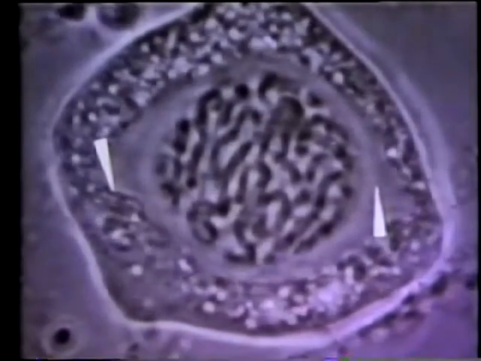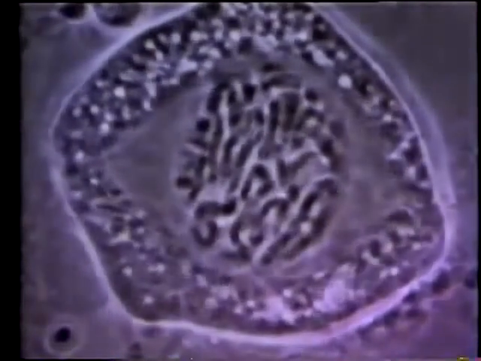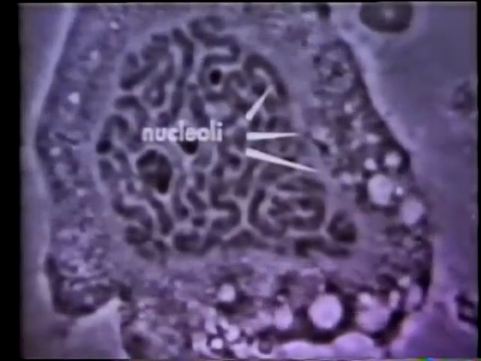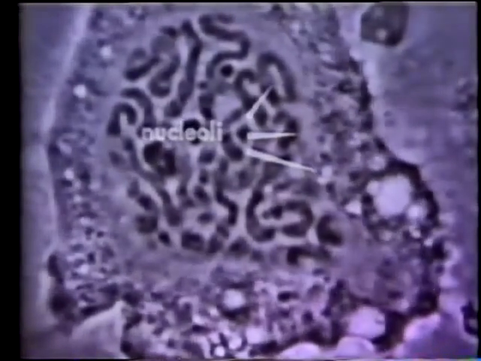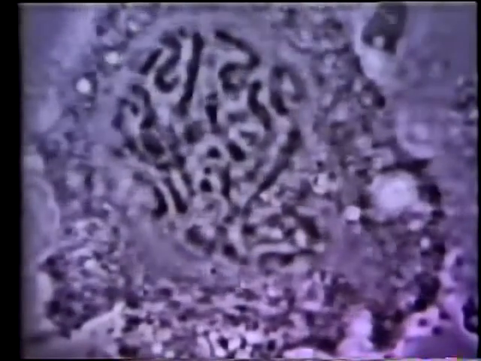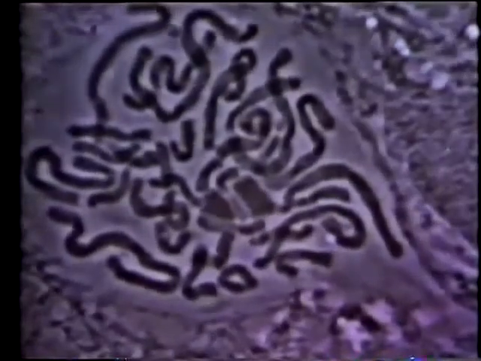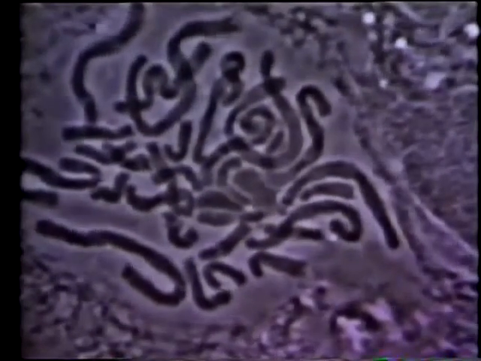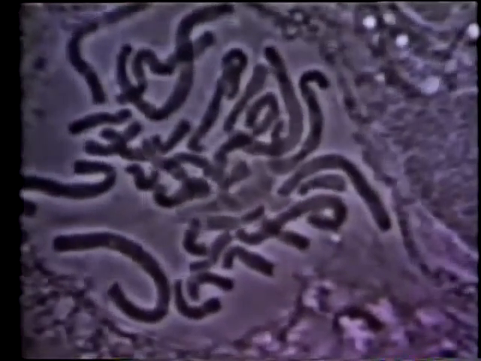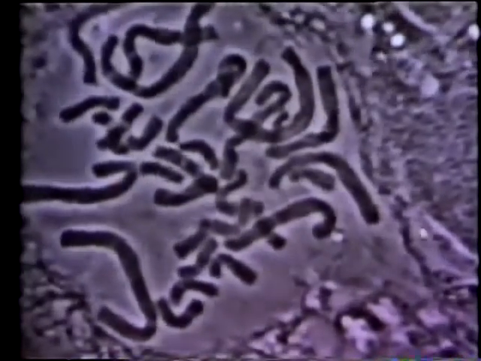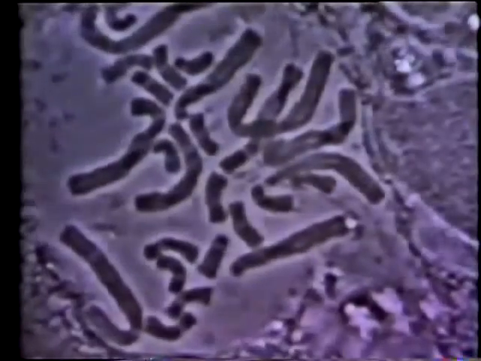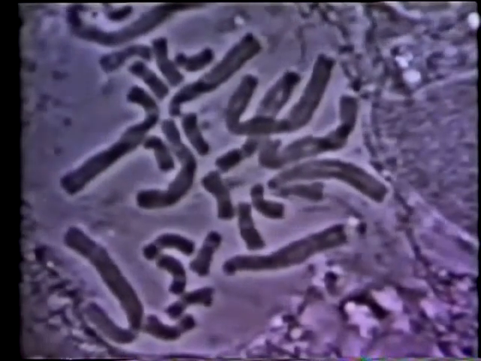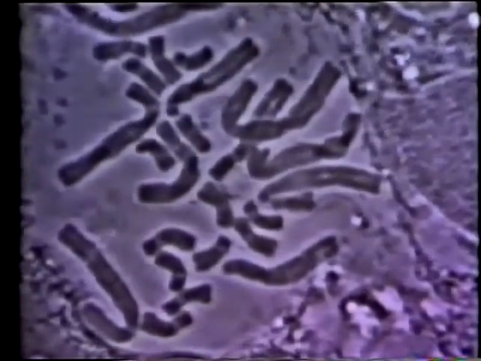They're not easy to see in a living cell. Now the nucleoli disappear. At the same time, the twin chromosomes unwind. But they're still held together by the centromere.